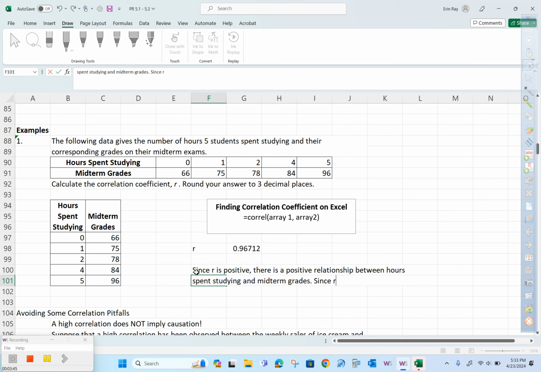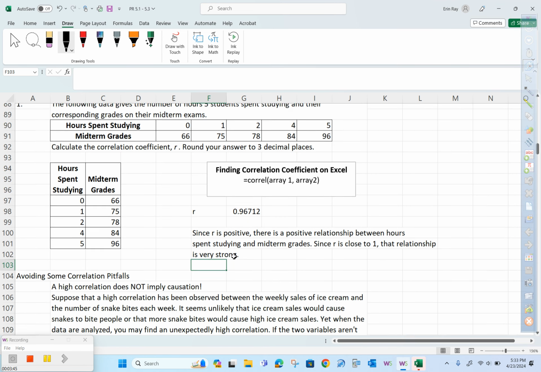Then since R is close to 1, that relationship is very strong. Okay. And we can, of course, put this in one sentence, but I wanted to write them separately because they are really indicating the two things that we're working with here. One is sign and one is size, okay, or the magnitude, closeness to 1.